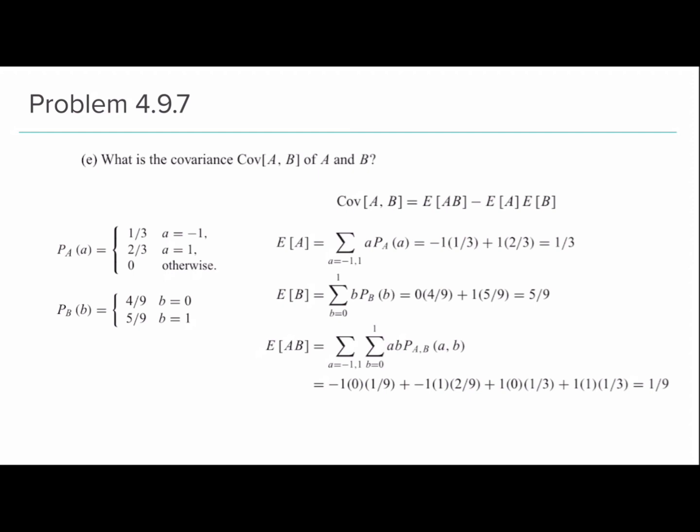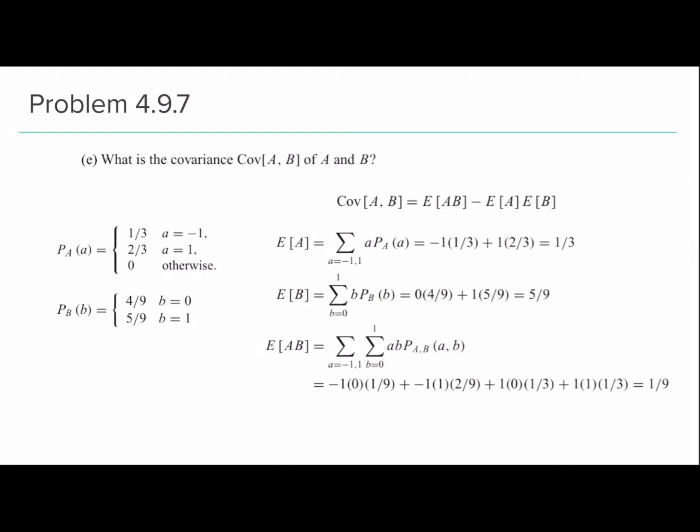And the expected value of AB will be AB into the joint PMF P of AB, and the summation is taken over all possible values of A and B. This will come out to be 4 terms, but among the 4 terms, 2 of them will have B equal to 0, so those terms will be 0, and the only terms that we care about are where B is equal to 1.